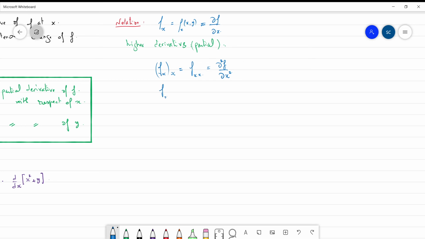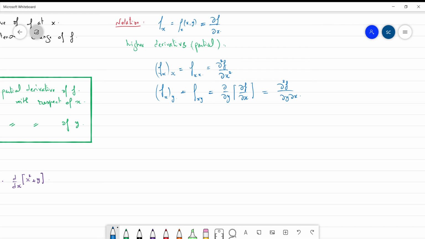You may be interested in fx with respect to y, so you denote it fxy, or you say I derive with respect to y the partial derivative with respect to x, and some denote it d²f/dy dx. So you see how the notations are different.